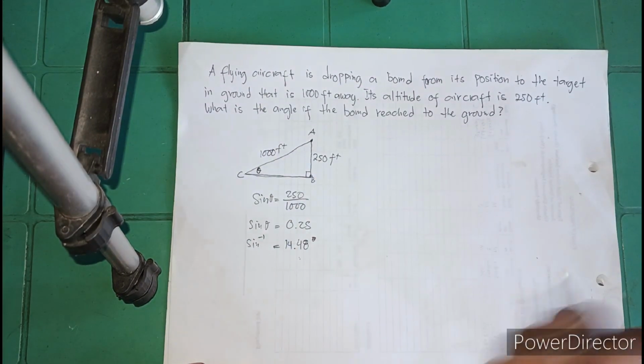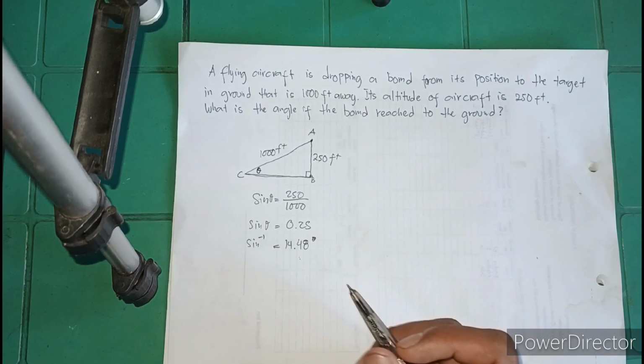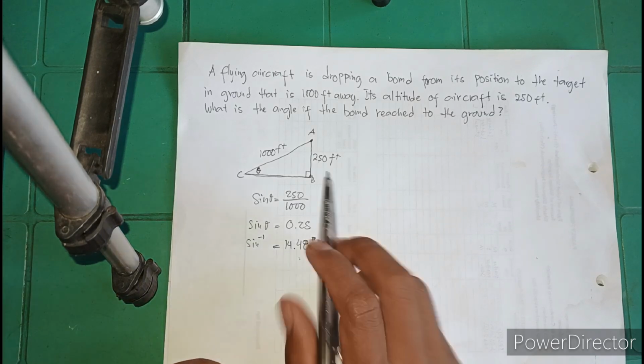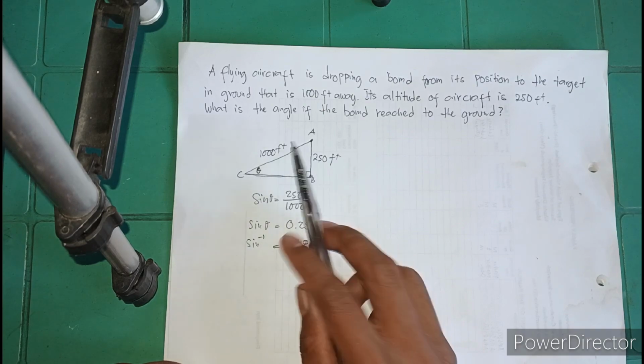So that's how you solve to find the angle of a right triangle, given the information of the opposite side and the hypotenuse.